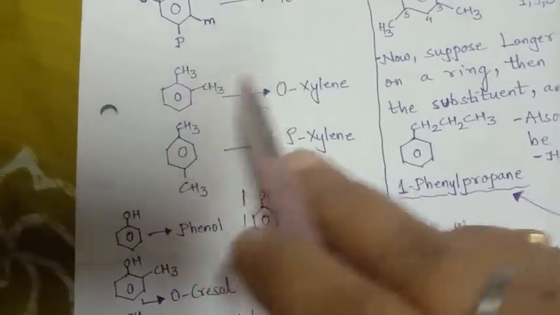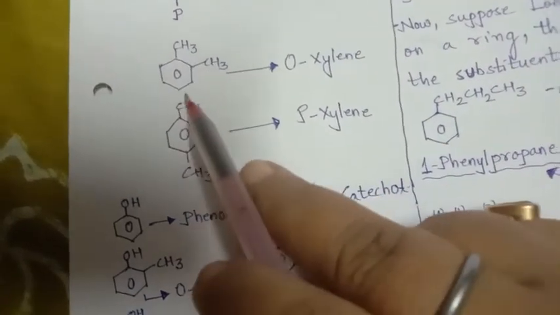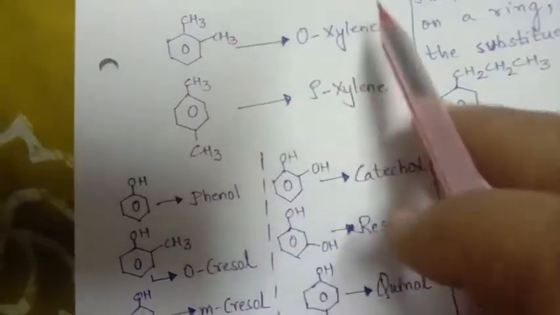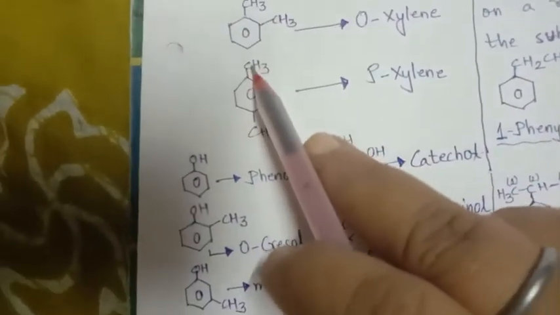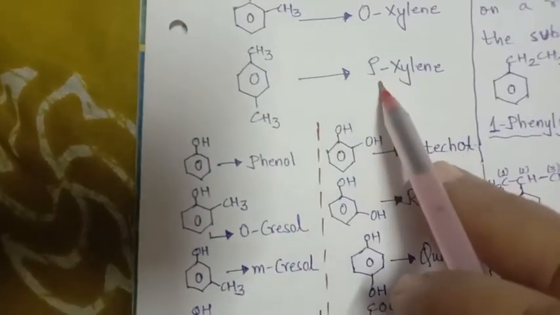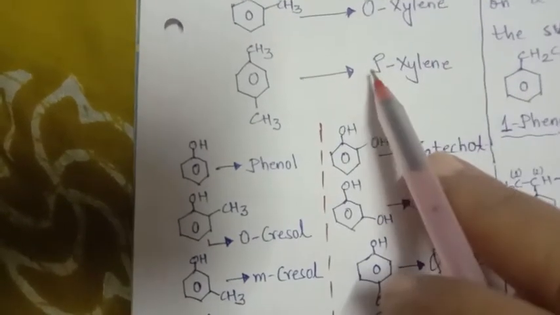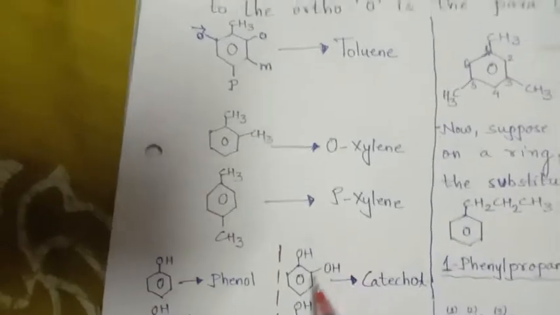With two methyl groups it is xylene, but where the two methyls are attached, here it is ortho-xylene. And this is also a benzene ring, one CH3 here, one CH3 here, opposite of each other. So para position, it will take the name para-xylene. So para-xylene. Clear up to this?